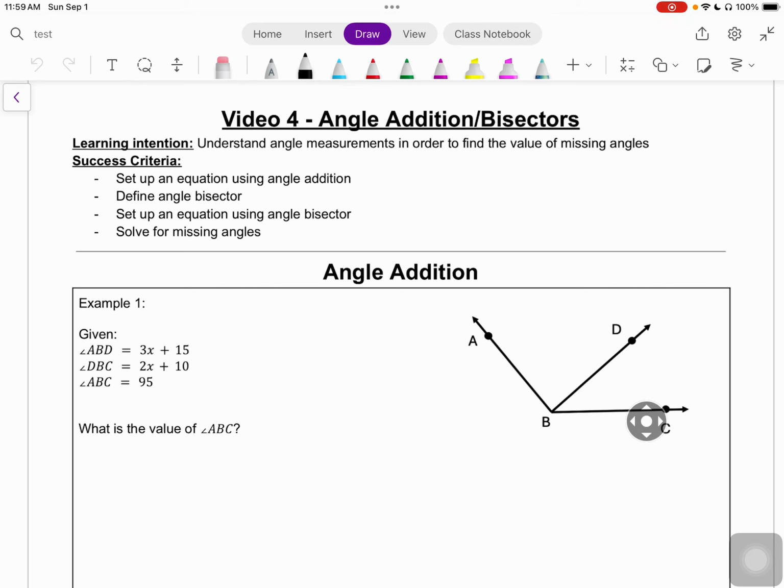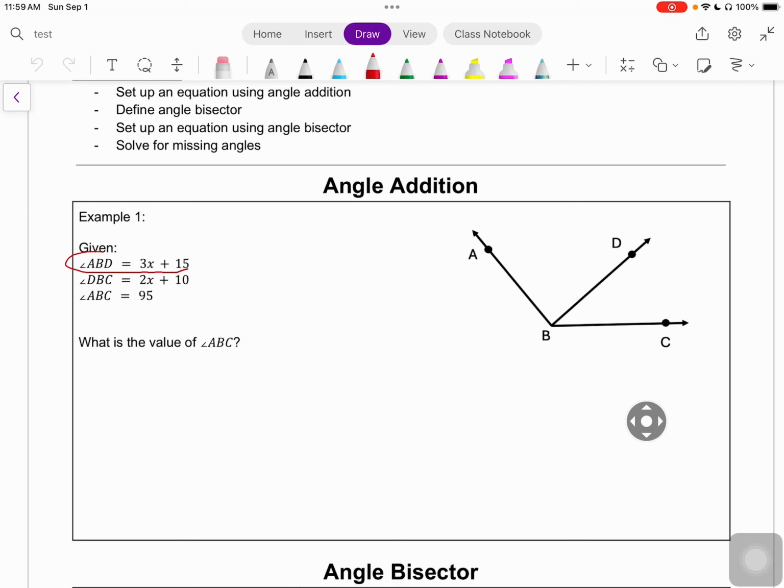So angle addition, this first example here is very similar to the segment addition that we dealt with. But again, very important that we can label and fill in the necessary parts. So for our first question here, we have angle ABD, which is going to be this angle here, ABD. We're going to fill that in.